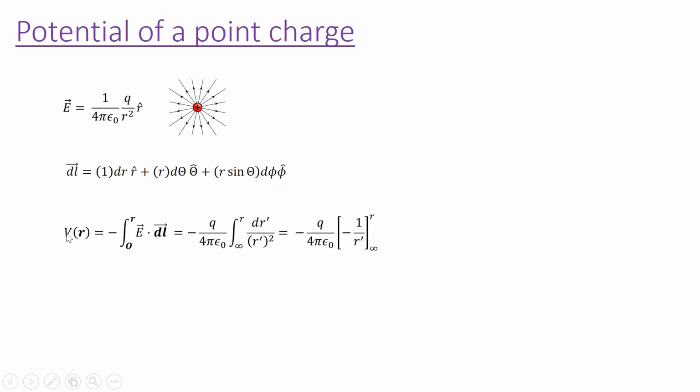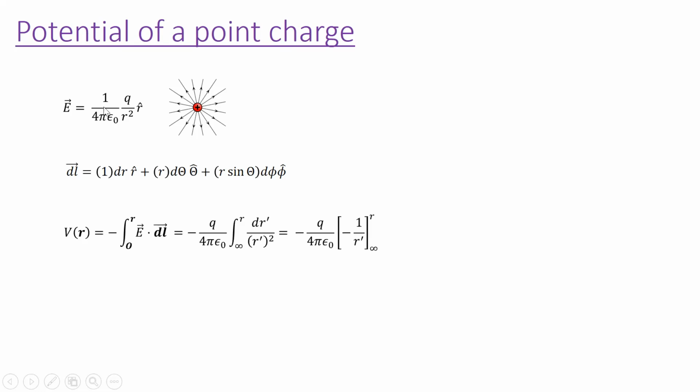And so we can go ahead and do our integral using our definition. The electric potential is minus the integral from some origin, which we pick to be infinitely far from the point charge, where we're going to set the potential to 0, to R of E dot dl.